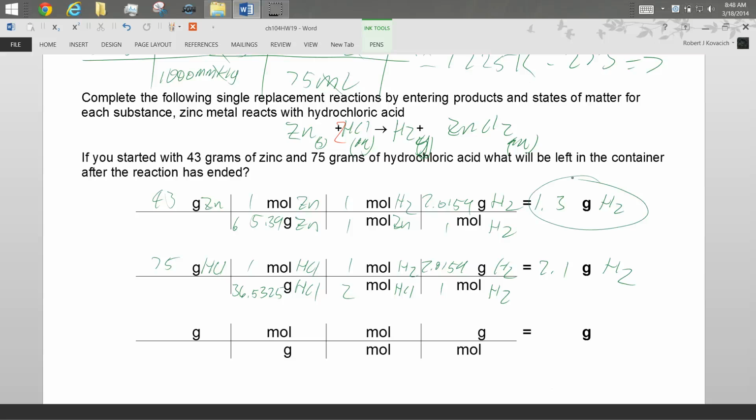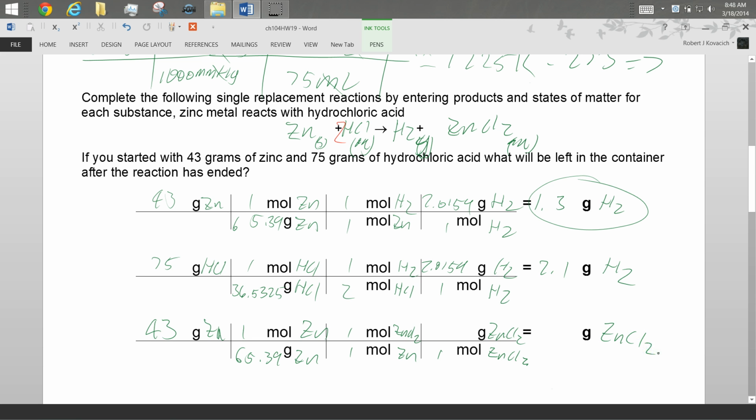So let's do 43 grams of zinc, 1 mole of zinc, 65.39 grams of zinc, 1 mole of ZnCl2, 1 mole of zinc, 1 mole of zinc chloride, zinc chloride, zinc chloride.